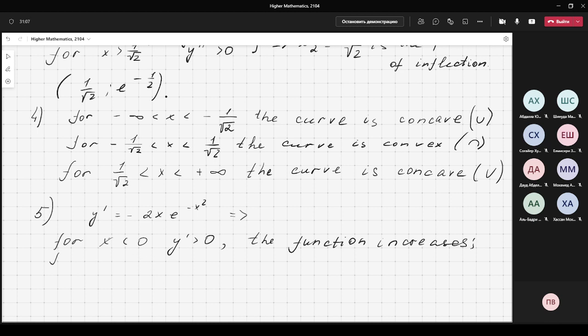For x greater than 0, y prime is less than 0, the function decreases.